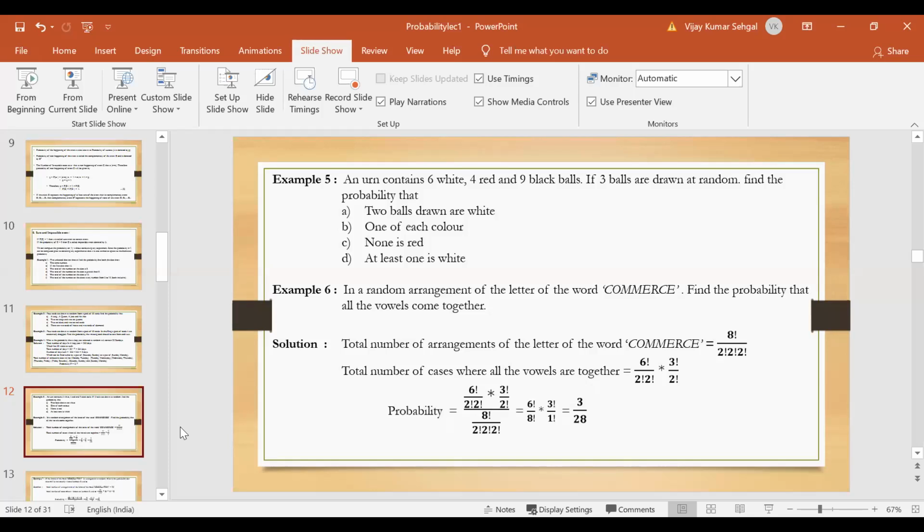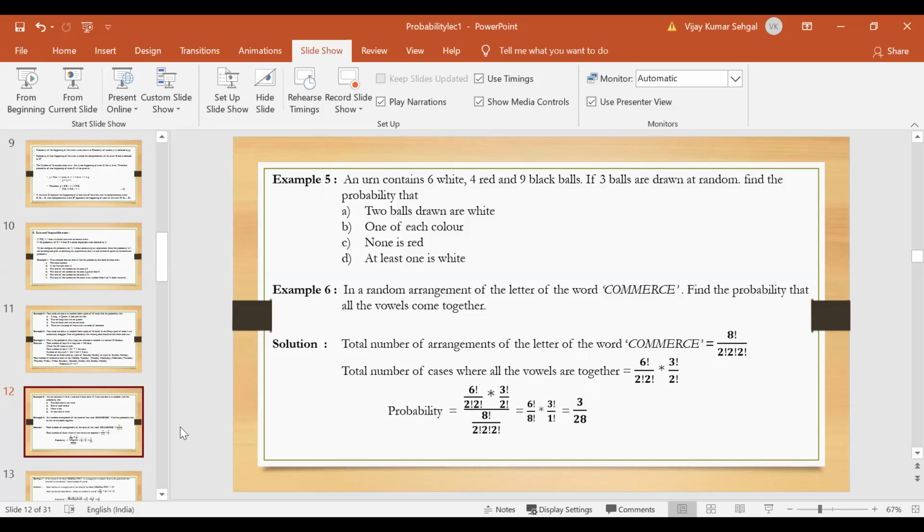Here we use the property that if we have n letters, of which n1 are of one type, n2 are of another type, and nk are of another type, then the arrangements can be n factorial divided by n1 factorial, n2 factorial, and so on up to nk factorial, such that n1 plus n2 plus up to nk is equal to n.